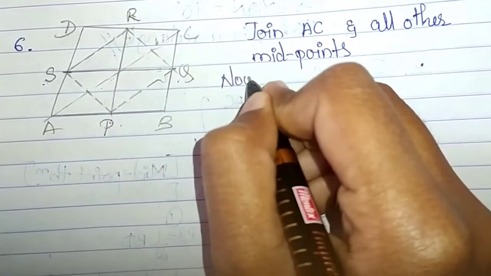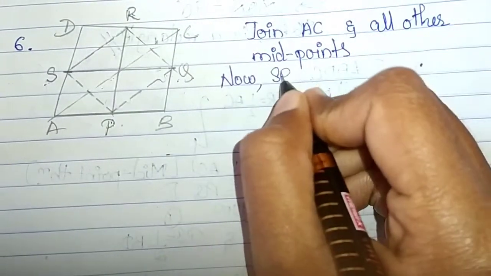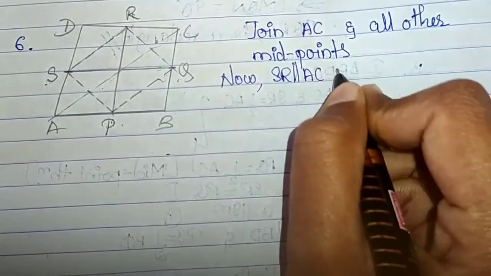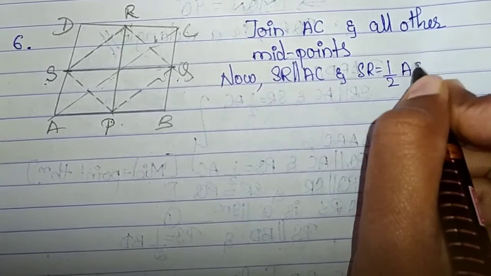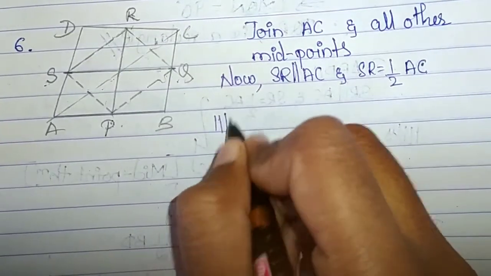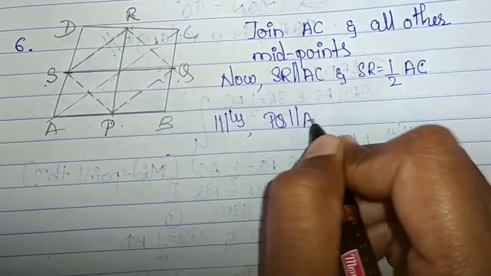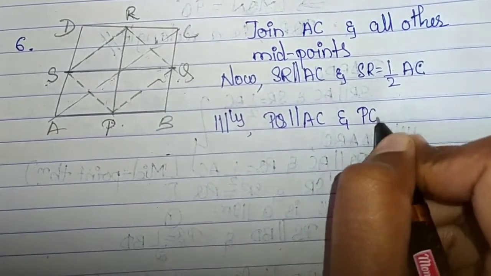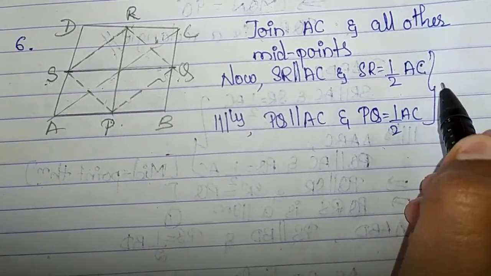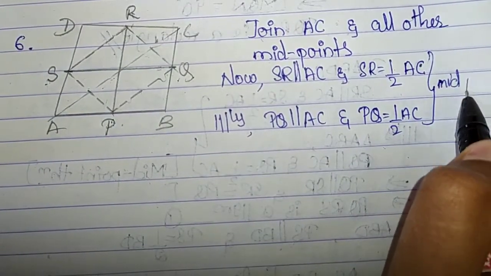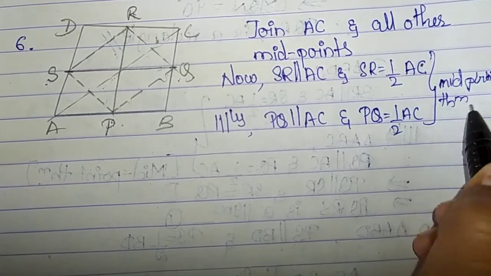Now just like we did before using the midpoint theorem, SR is parallel to AC and SR is equal to half of AC. Similarly PQ is parallel to AC and PQ is half of AC by the midpoint theorem.